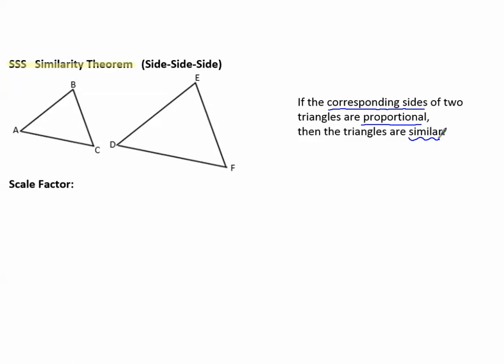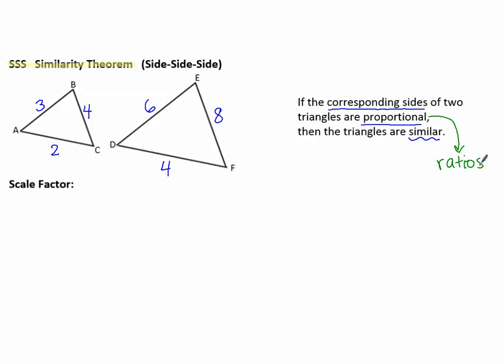For example, let's say in this triangle, the 3 sides are 2, 3, and 4 units long. And in this triangle, the sides are 4, 6, and 8 units long. How do we see if the corresponding sides are proportional? Well, we make ratios because remember, proportional has to do with ratios.